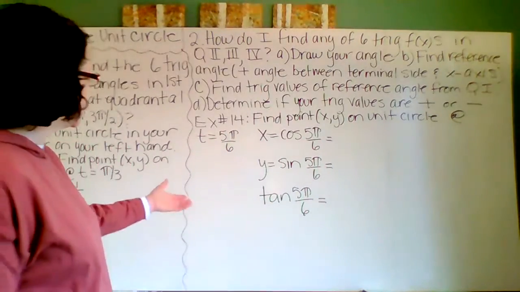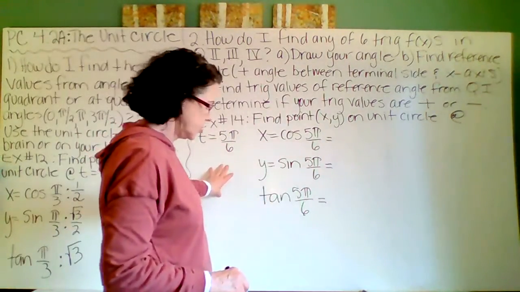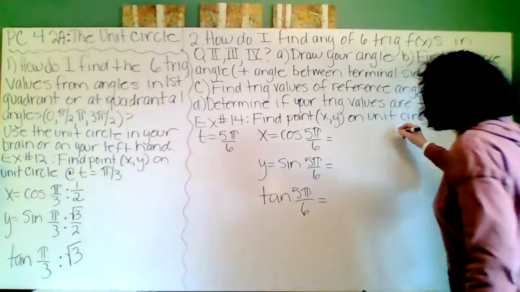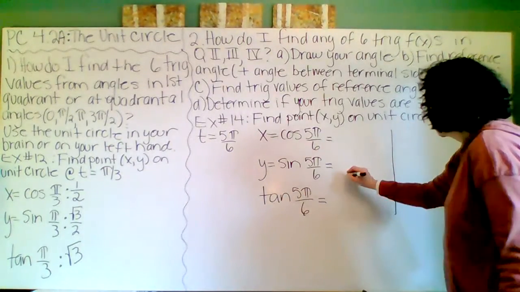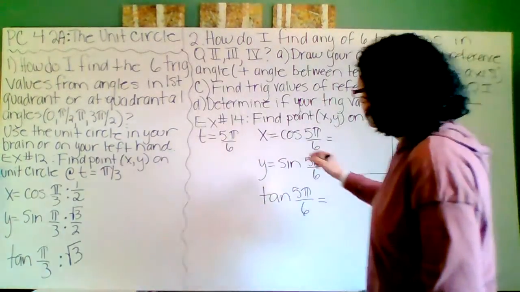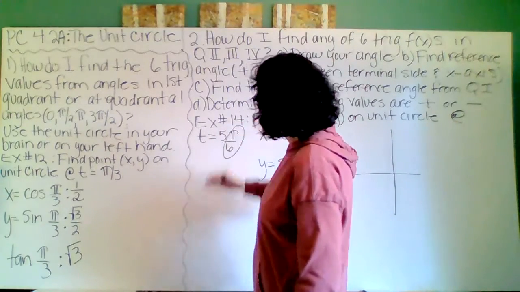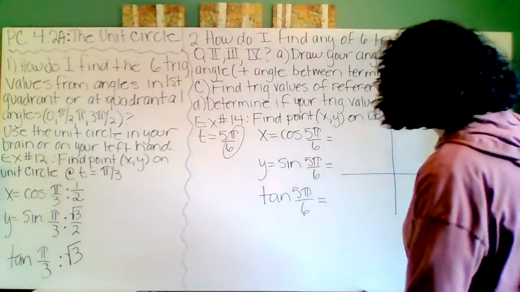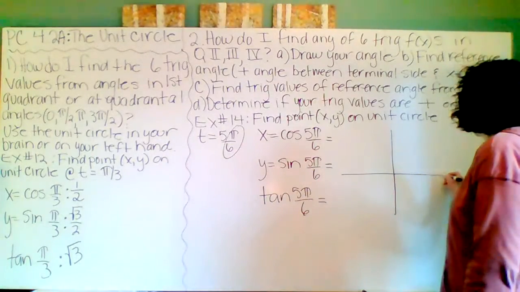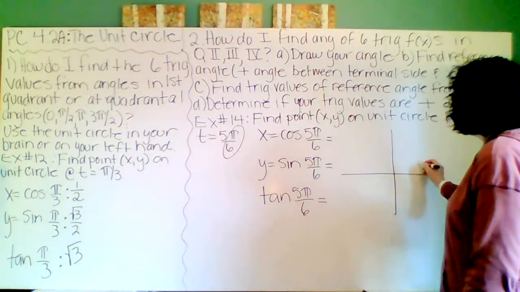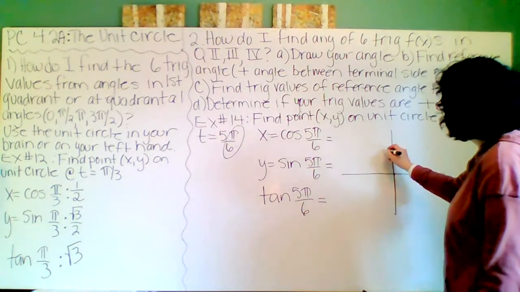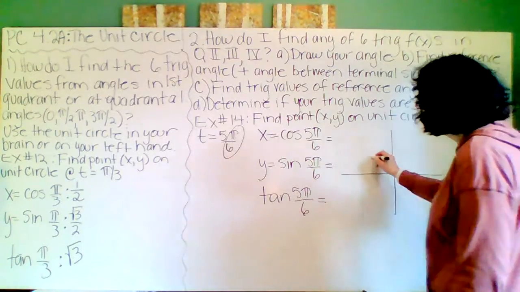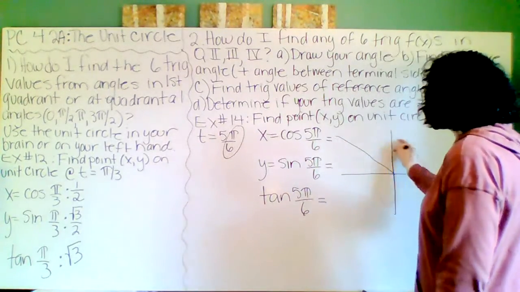Okay, so the first thing I do is draw a picture here of, I'm going to rotate 5 pi over 6, right? Pi over 6 is 30 degrees, and I have 5 of them. So here's 1, 2, 3, 4, 5. There we go. So I landed right here.